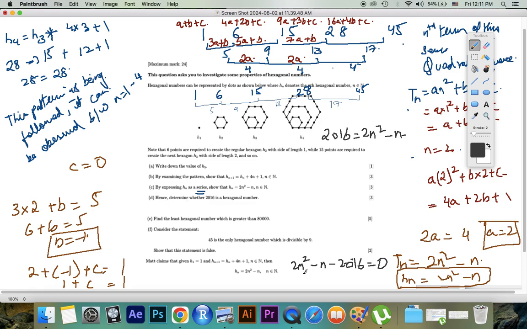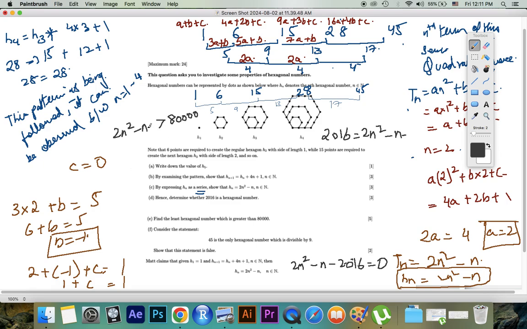If you get a positive n value, like n equal to 25 or something, or n equal to 85, then you can say yes, the 85th term is 2016. So 2016 is a hexagonal number if you get something like that. Find the least hexagonal number which is greater than 80,000. So that means you have to take some value of n for which the term is greater than 80,000. That means 2n square minus n has to be greater than 80,000.